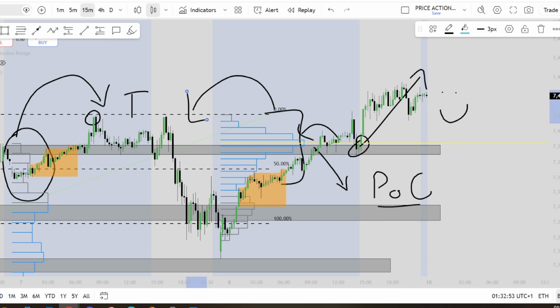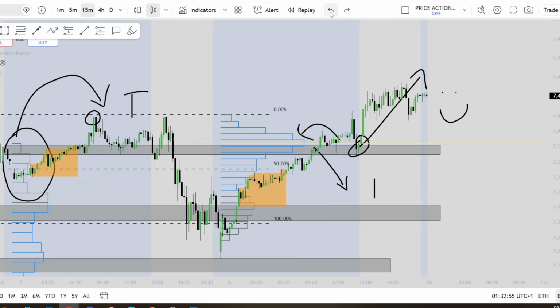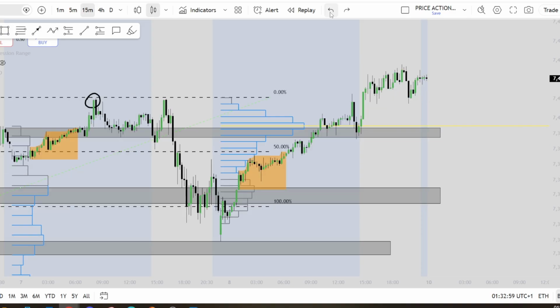When you're in the blue region, it's generally good, but when you're at the POC, it's the highest amount of volume. So it's an optimal area to trade, and you're going to get the most follow through, the most quick moves, because the market has high volume there, meaning it's actually interested in trading at this area.